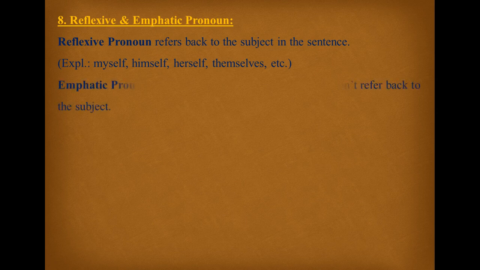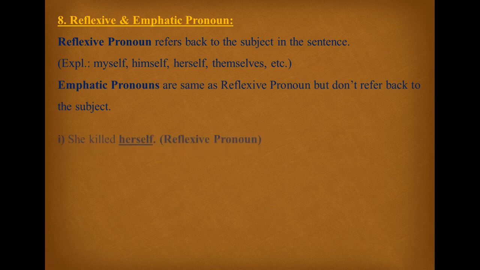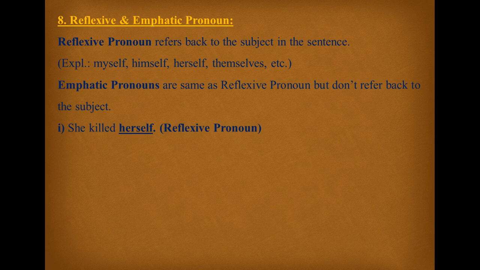But what is emphatic? Emphatic pronouns are the same as reflexive pronouns, but don't refer back to the subject. That means they don't impose the work on him. So I am giving the example: she killed herself. The work is imposed on her. She imposed the work on herself.